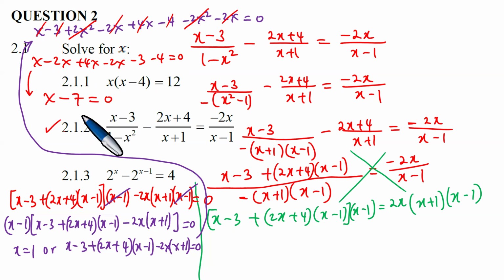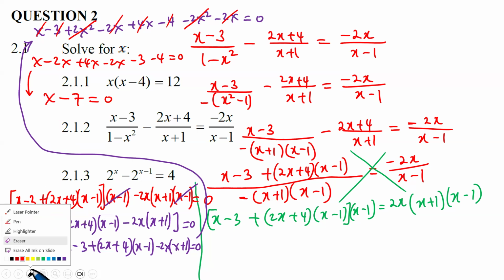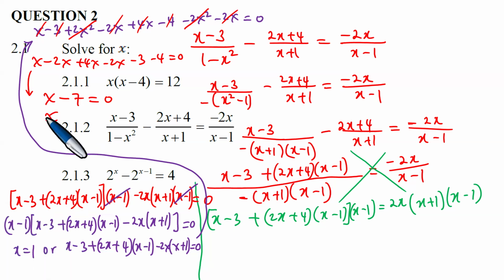It's minus 7. And then at this point, if it is minus 7, then we must solve for x. Then x is equal to what? X equals plus 7. And that's the answer.